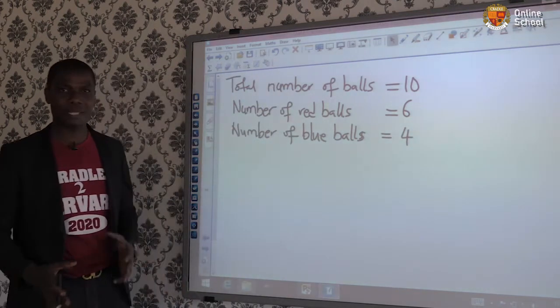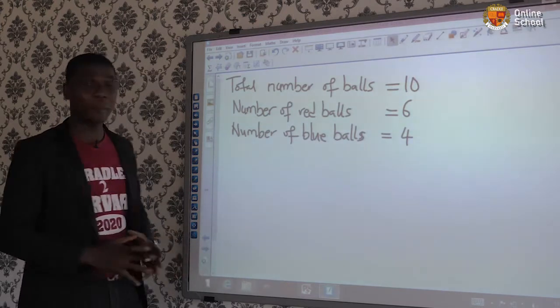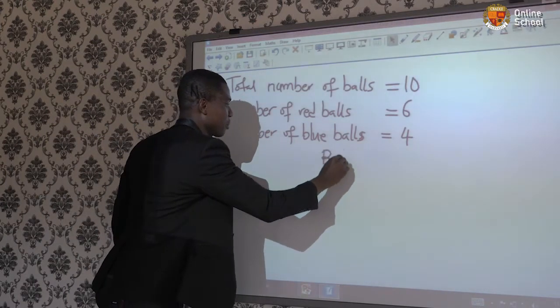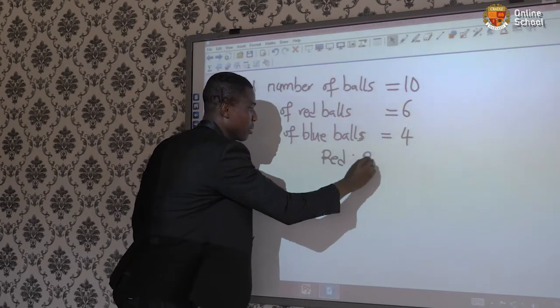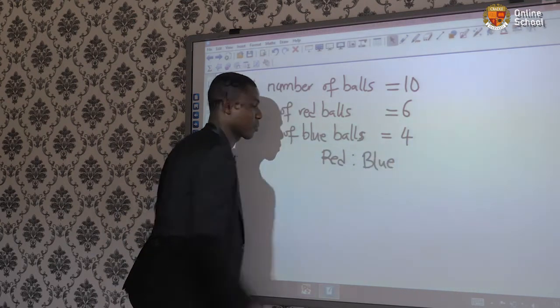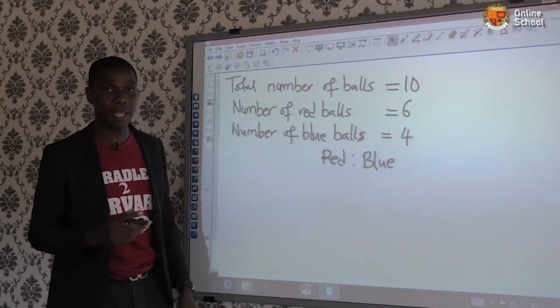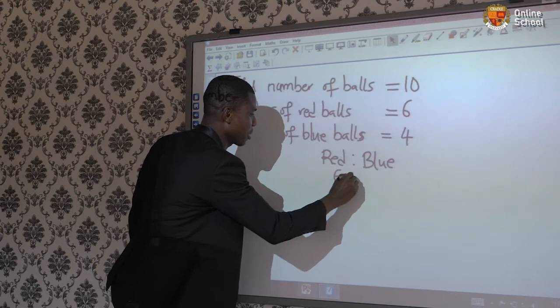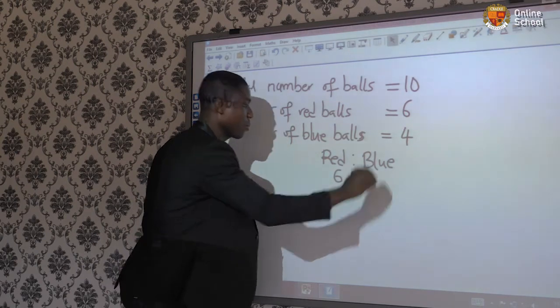Let's explain part to part. What do we mean by part to part? Red ratio blue. Are you with me? Pay attention. How many red? 6 red ratio 4 blue.